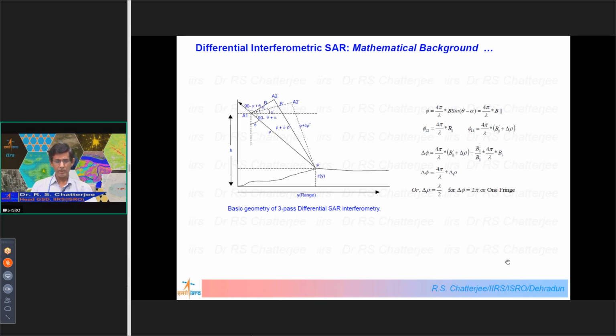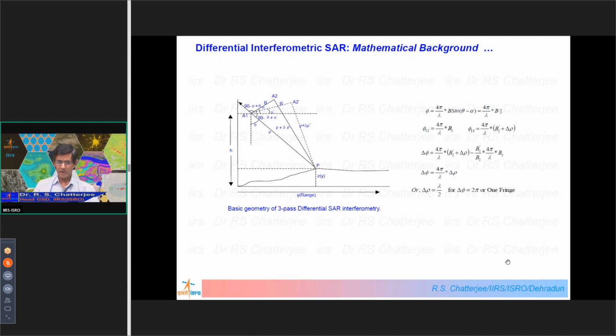Now the interferogram from A1, A2 needs to be subtracted from the interferogram A1, A2 dash. A1, A2 dash has horizontal phase, vertical phase, and displacement phase, whereas the A1, A2 interferogram has only horizontal and vertical phase. So the A1, A2 interferogram needs to be subtracted from the other one. Then what will remain? It will give you the phase difference.